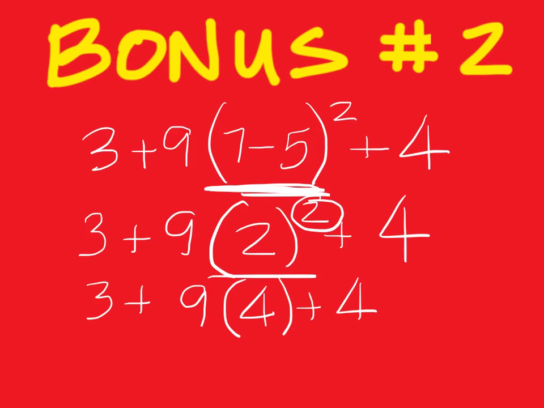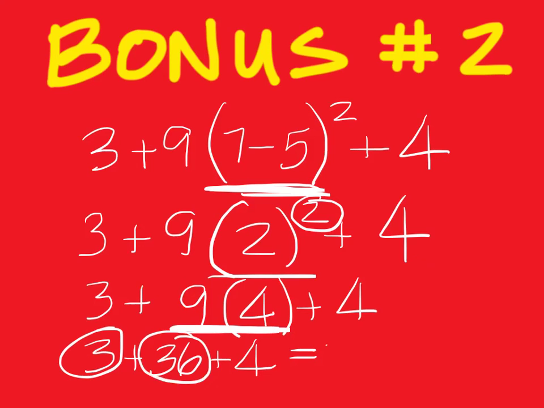And then you have to do multiplication before addition, so 9 times 4 is 36. And then once you have all addition and subtraction, you do them in order from left to right, so it should be 3 plus 36 is 39, plus that 4 on the end is 43.